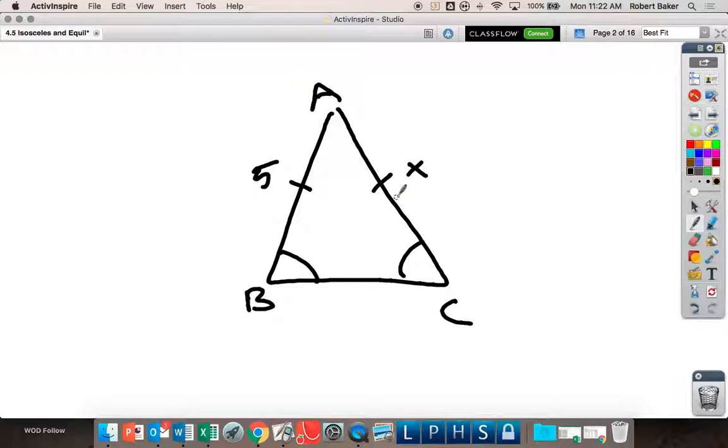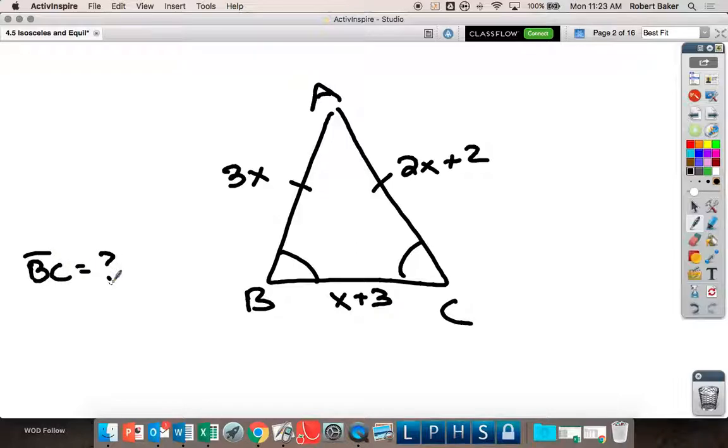X is 5. And then here's a test question that we give in the regular class. This is a good one. 3x is equal to 2x plus 2, which means x has to be 2.